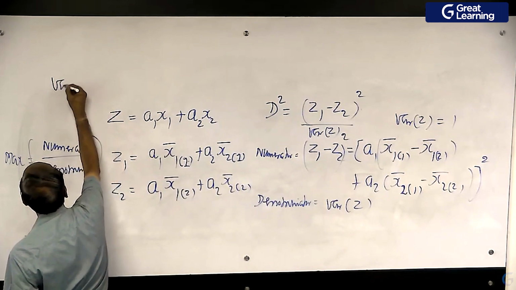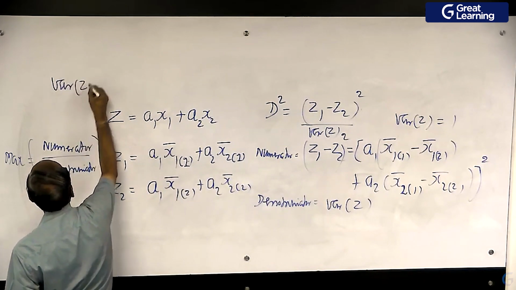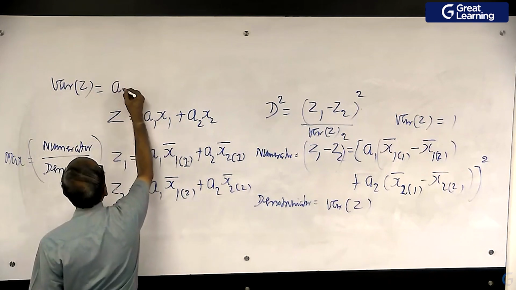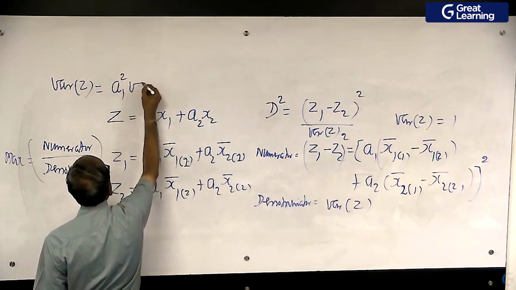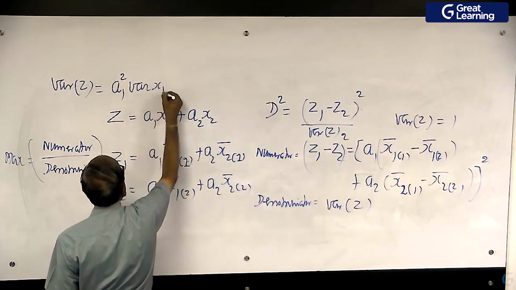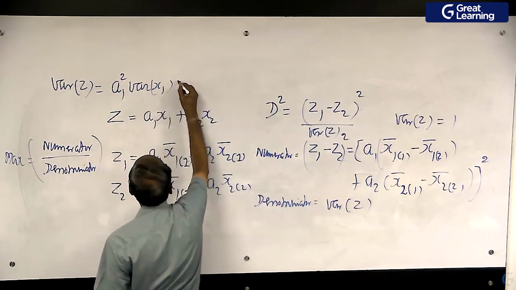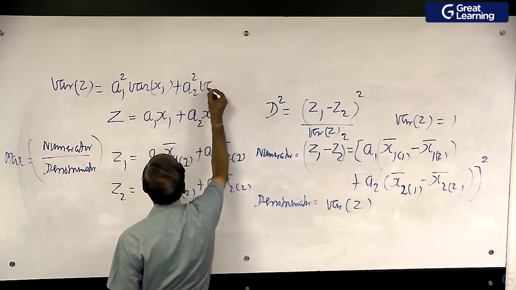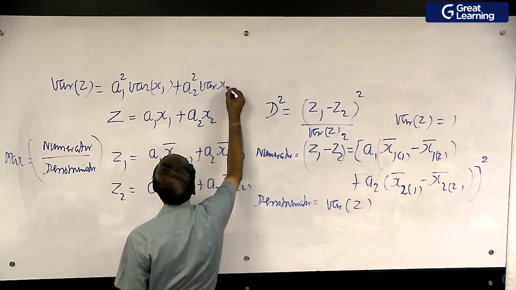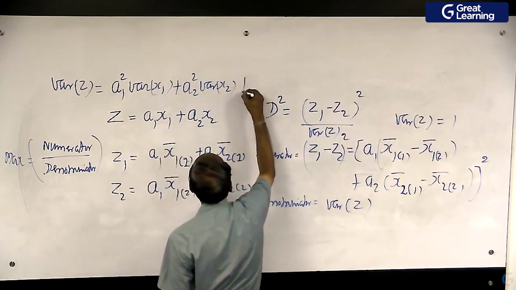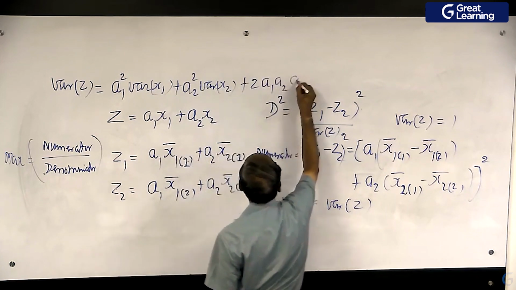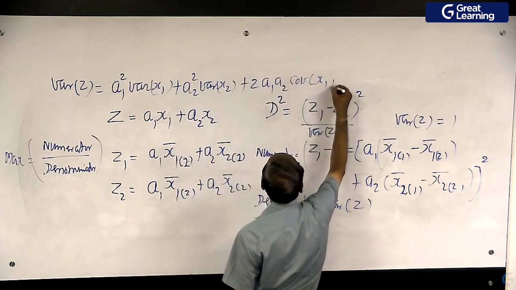Actually, the variance of Z equals A1 squared times variance of x1 plus A2 squared times variance of x2 plus 2 A1 A2 covariance of x1, x2.